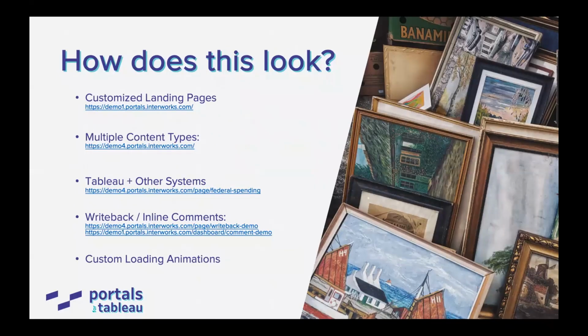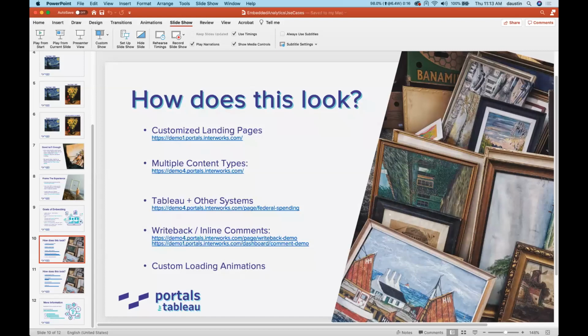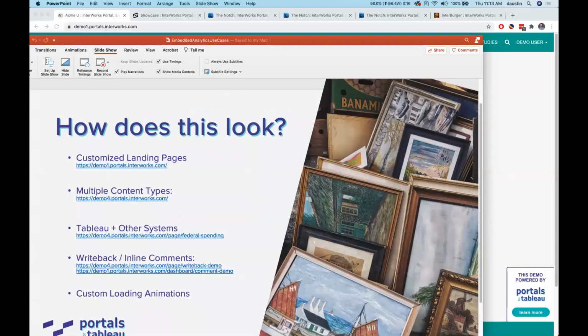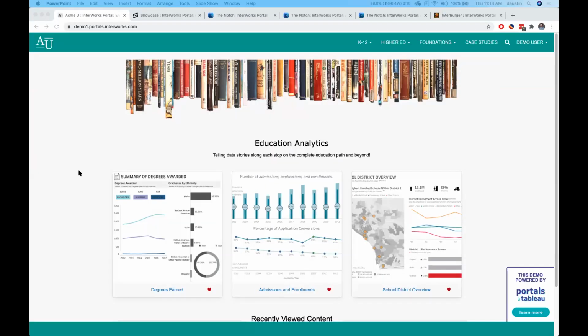I have a couple of examples I wanted to run through here. Some of these are just kind of cool use cases, others are more visually appealing, but let me hop over to a browser session here. This is a fake portal that we put together for Acme University, a fake university that we came up with just to kind of demo what you could do with a portal. As you can see here, it's something that's very custom tailored to this brand.